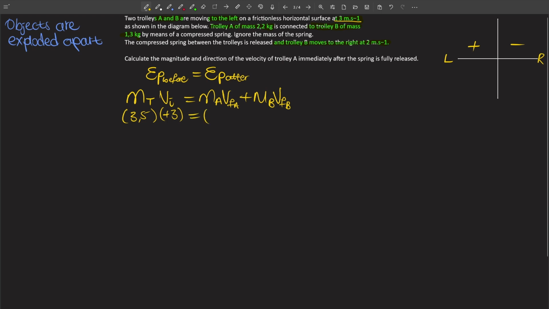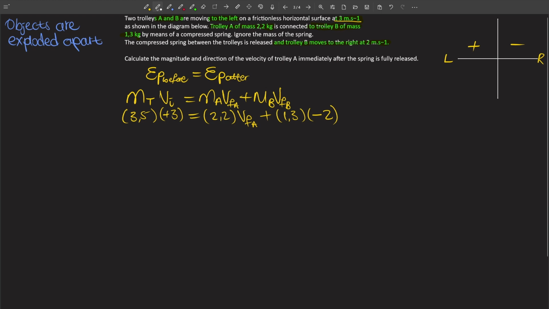Now the mass for trolley A is 2.2 kilograms, and we are missing the final velocity for trolley A, and then the mass for trolley B is 1.3, and it is moving to the right. The direction will be -2.